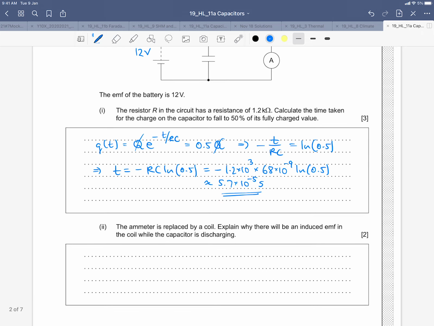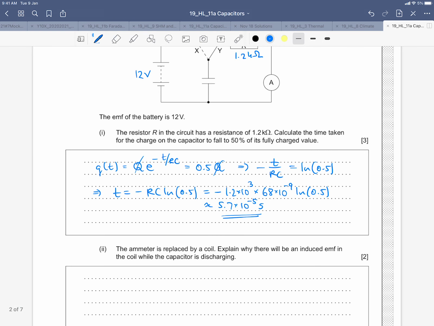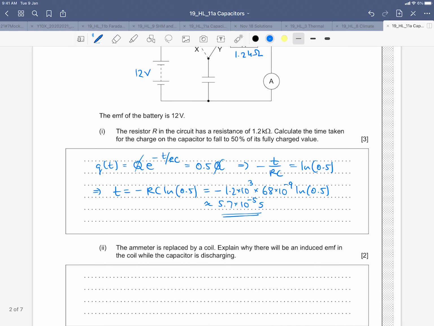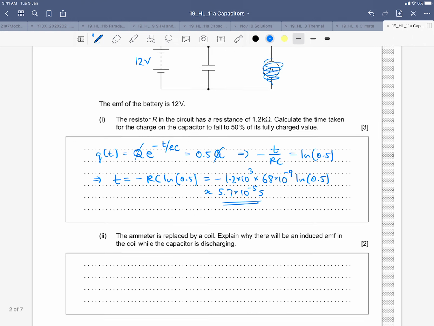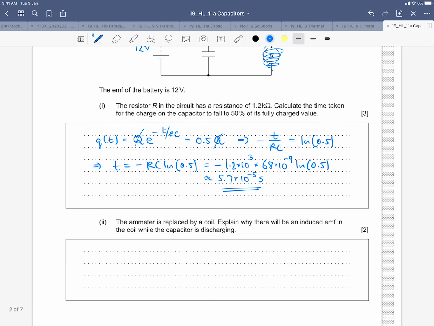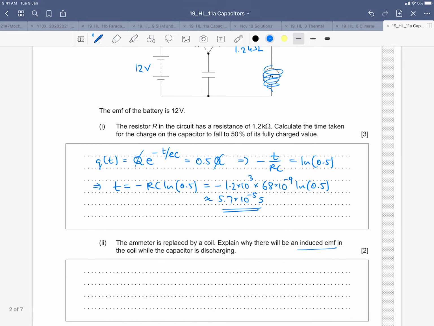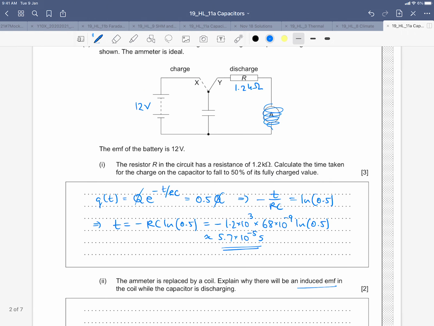Okay. Now the ammeter is replaced by a coil. So now you have to imagine that we suddenly have a metal coil over there that the current can run through. Explain why there will be an induced EMF in the coil. So this is of course Faraday's law, induced EMF. And why we're going to get an induced EMF when it's discharging. Well, as it discharges, the current is going to start off being maximum, and then drops to 0.